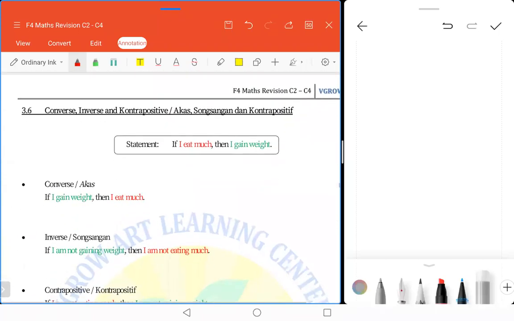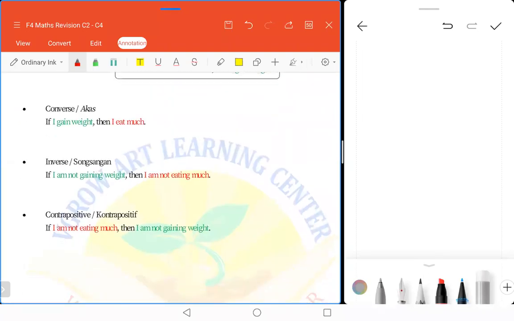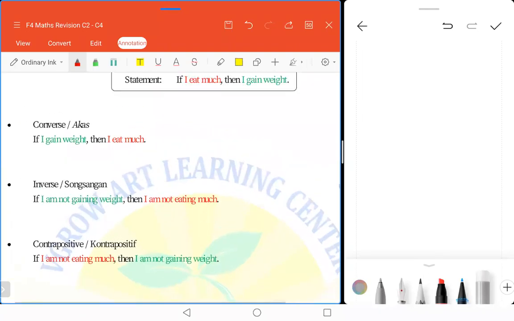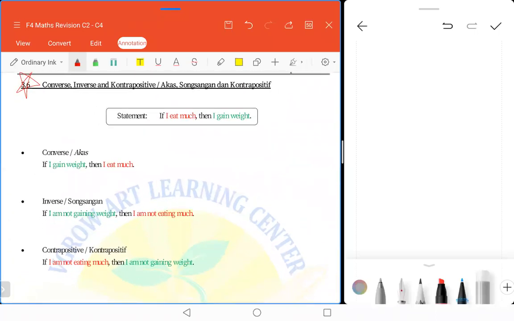Okay, this one is the hardest part. 3.6. Okay, we'll go a bit slow under this subtopic 3.6 because of the words: converse, inverse, and contrapositive. We slow down a bit over here. Converse, inverse, and contrapositive. So given the statement, if I eat much, then I gain weight.